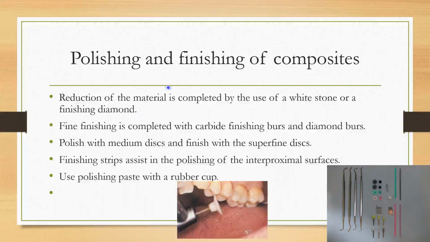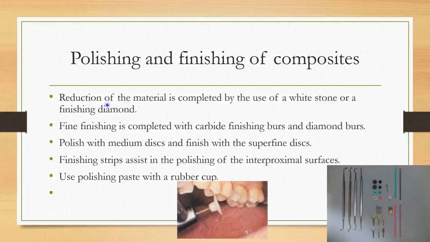So for polishing and finishing of composite, there are different burrs that are used, so you have to be familiar with them. And there are also the polishing strips, so you also have to put them on the tray for the dentist to use.